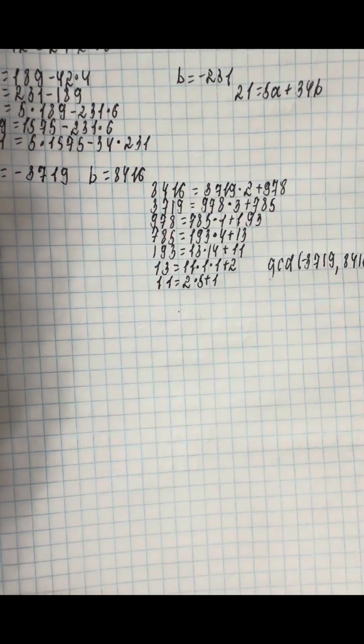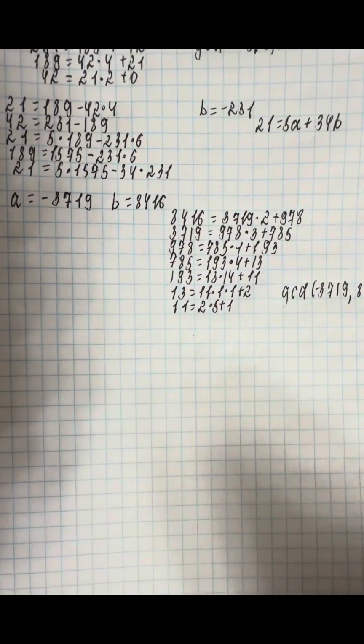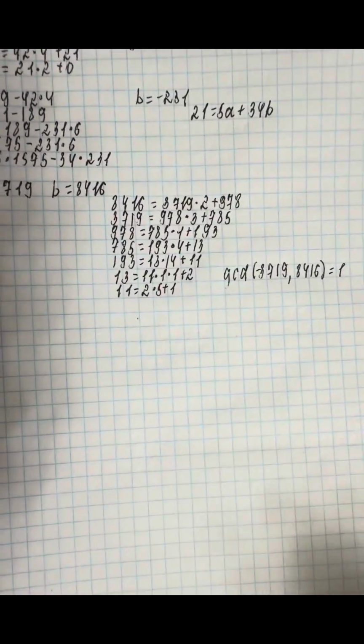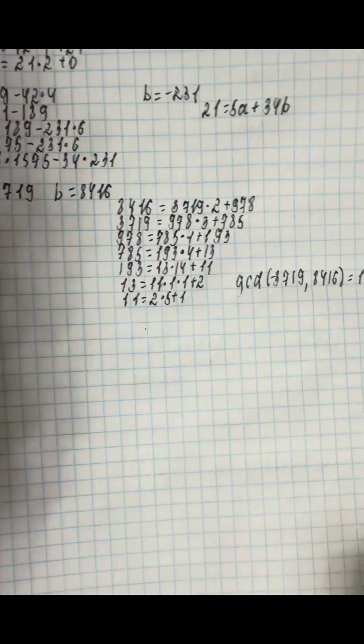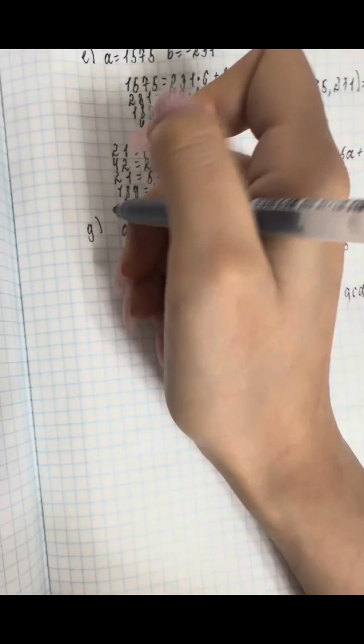And using back substitution, I expressed 1 as a linear combination of the given numbers, and right there, 1 equals minus.